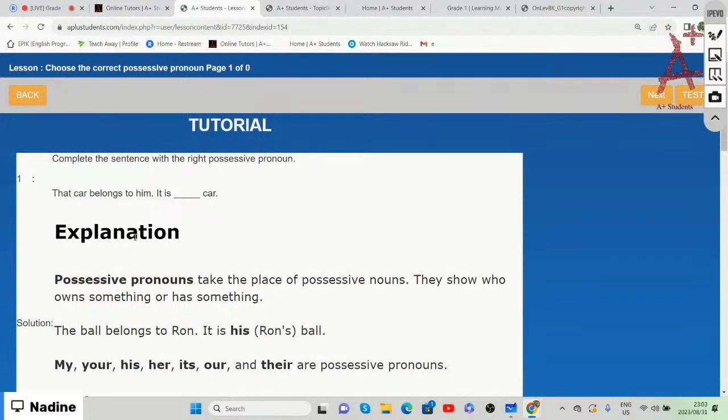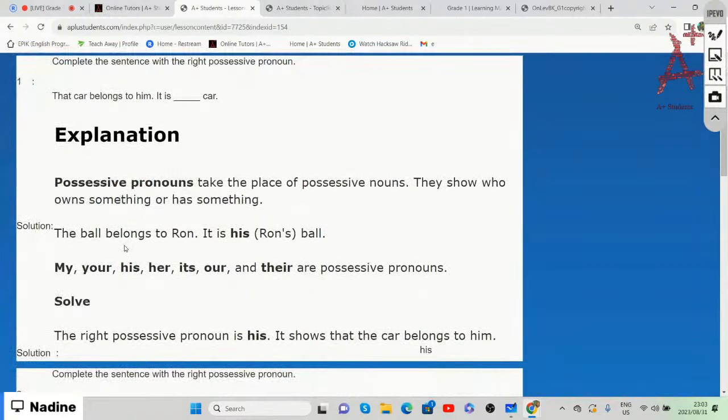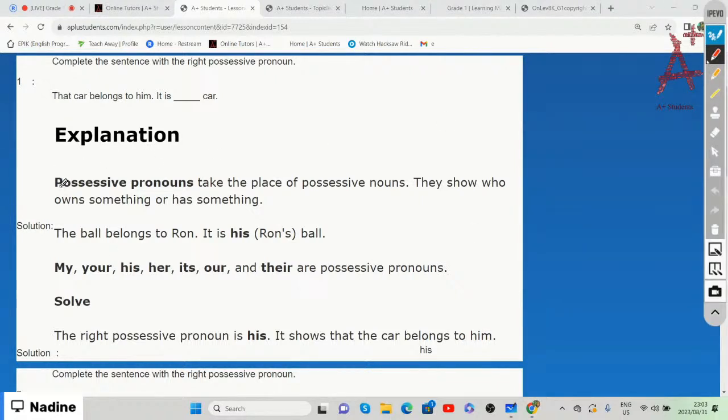All right, so a possessive pronoun, or possessive pronouns, takes the place of possessive nouns. It's the same as a pronoun taking the place of a noun. But in this case, possessive pronouns take the place of possessive nouns. So they show who owns something or who has something, right?